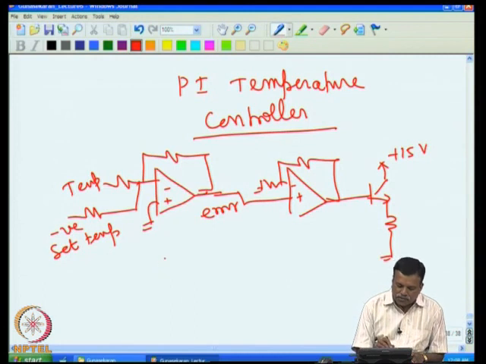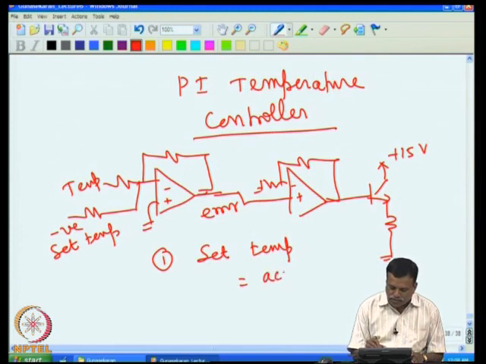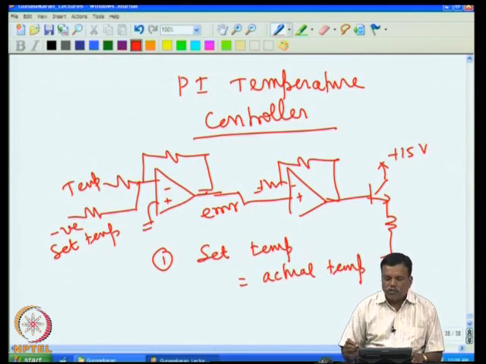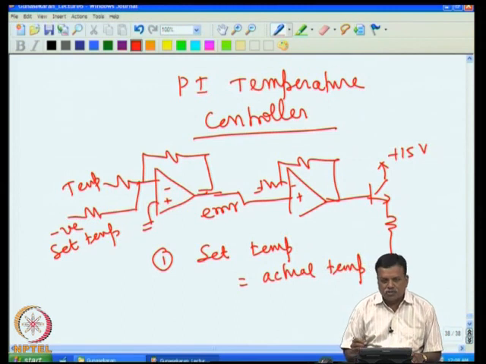The problem here was that the set temperature is not equal to the actual temperature. So if we set at 70 degrees, you will not get a 70 degree stabilized oven, but you will get a little less than 70 degrees.